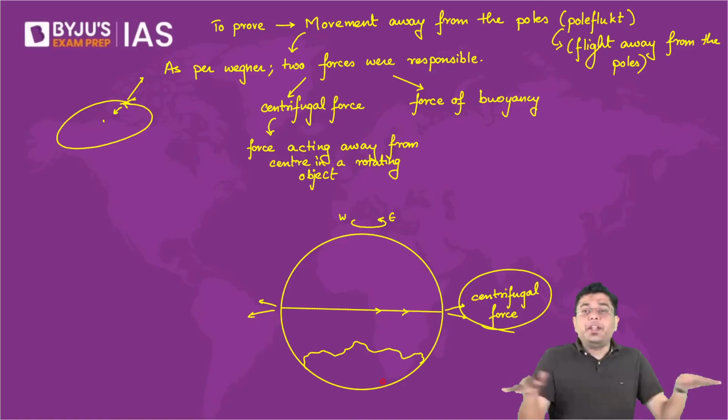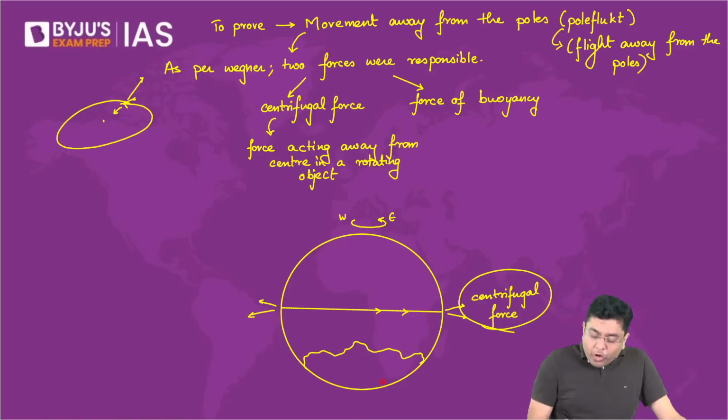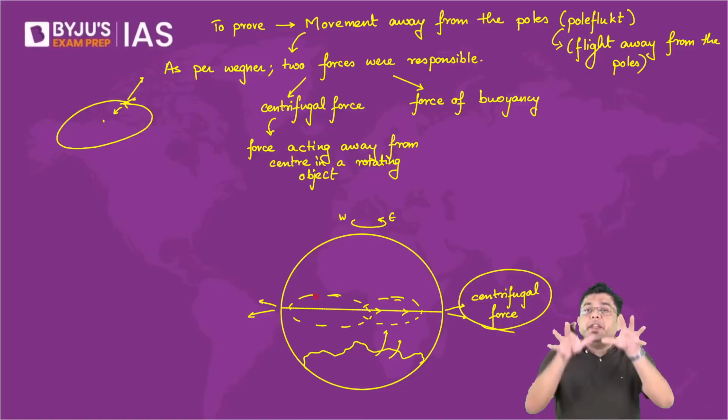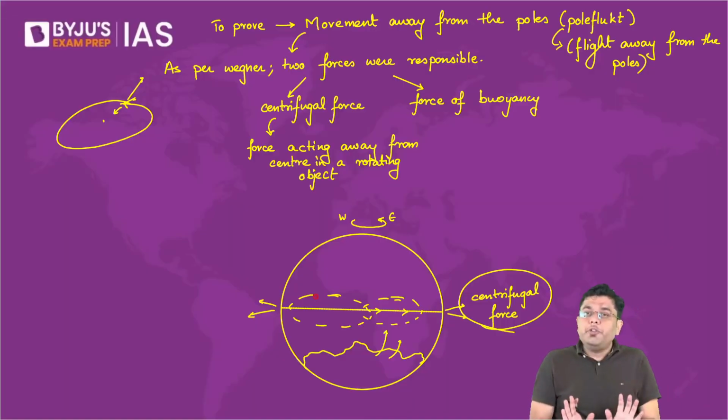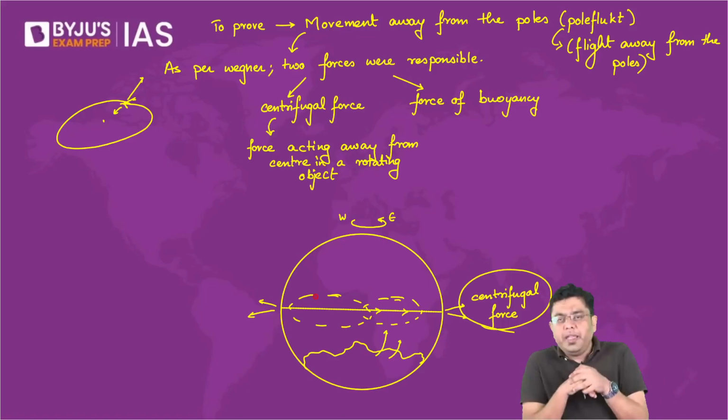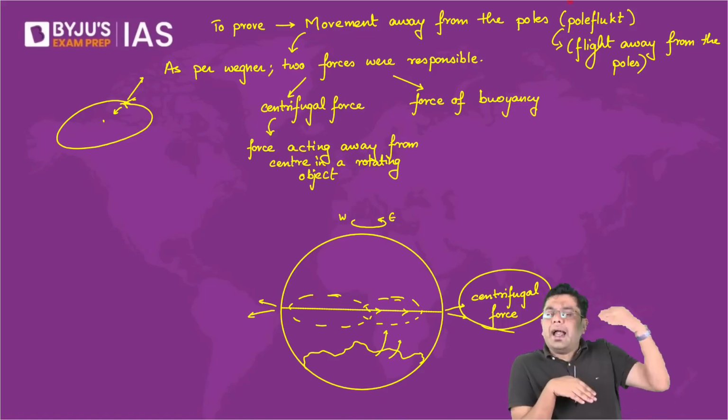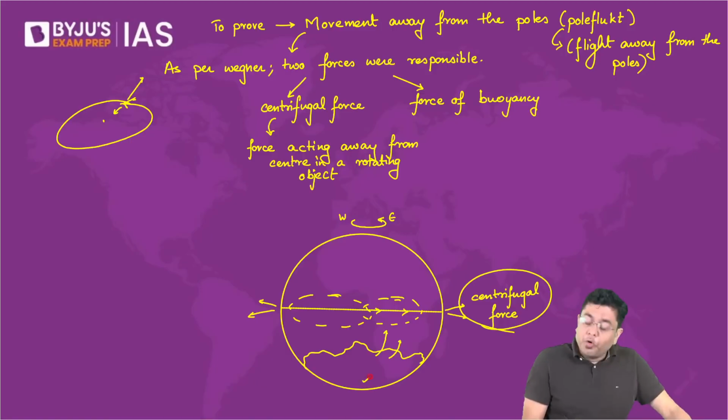Along with that, there was centrifugal force. So automatically, these land masses wanted to come to the region around the central portion, where they would experience the centrifugal force. The centrifugal force and the force of buoyancy would push the land away from the poles towards the equator.